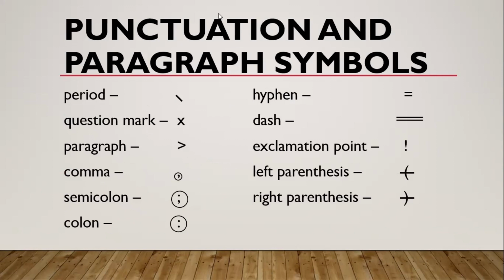we will now proceed to punctuation and paragraph symbols. Okay, so ito, medyo confusing siya gamitin, right? Because hindi ito yung usual na punctuation na ginagamit natin kapag nagko-construct tayo ng normal na sentence or paragraph. Okay?